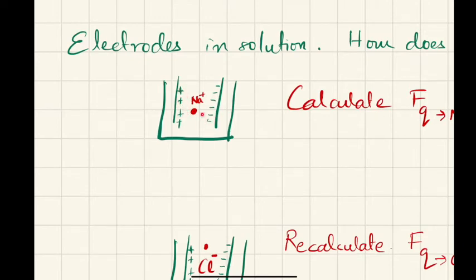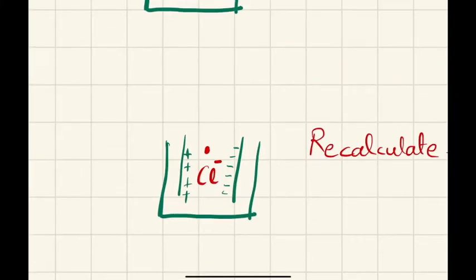You have all these many charges, and you need to figure out the interactions of all of them in order to answer the question: how does the sodium ion end up moving?